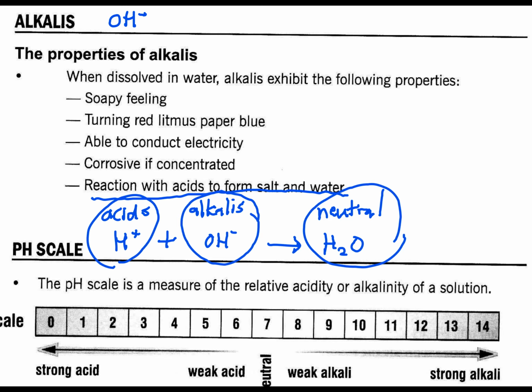Alkalis have these properties. They are soapy in texture, they turn red litmus paper blue, they can conduct electricity when dissolved in water, and they can be corrosive when concentrated. Because alkalis are soapy, you'll find them used in toothpaste, soap, detergents, and so on.